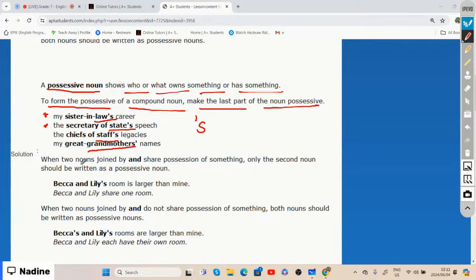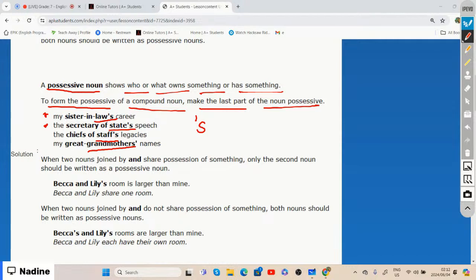All right, so once again, a possessive noun shows either who or what owns something or who or what has something. That shows possession. And in order to form the possessive of a compound noun, we need to make the last part of that noun a possessive.